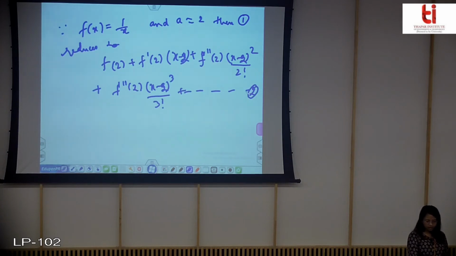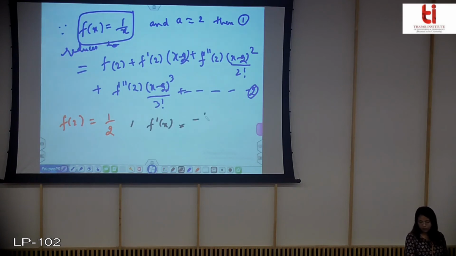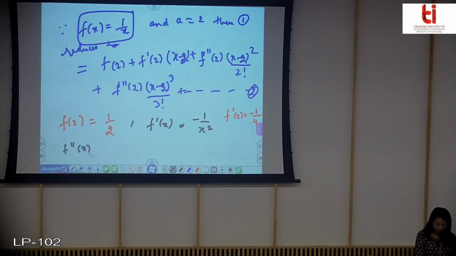Now what will be the value of f(2)? Since you know f(x) is this, f(2) will be equal to 1/2. What will be the value of f'(x)? It will be equal to -1/x^2. So what will be the value of f'(2)? This will be -1/2^2, you can write -1/4. Now what will be the value of f''(x)? This will be equal to 2/x^3.